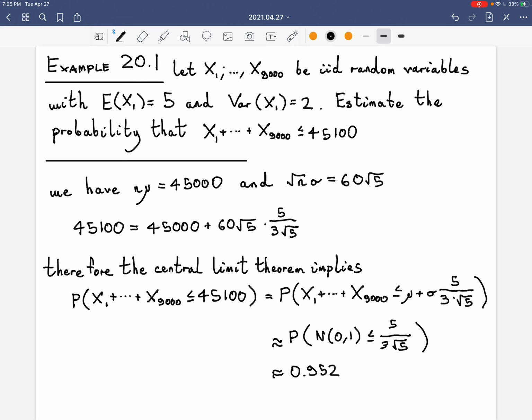And so we convert that using the central limit theorem into the probability that the standard normal is less than or equal to 5 root 3 over 5, which comes out to be roughly 0.952.